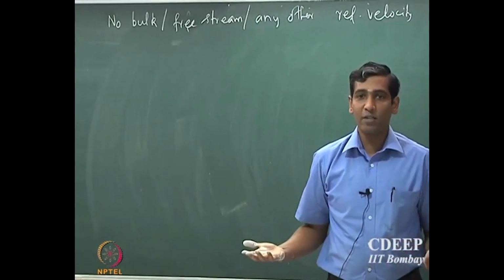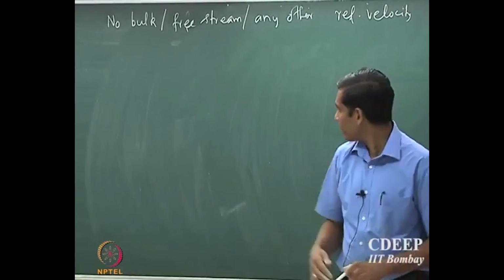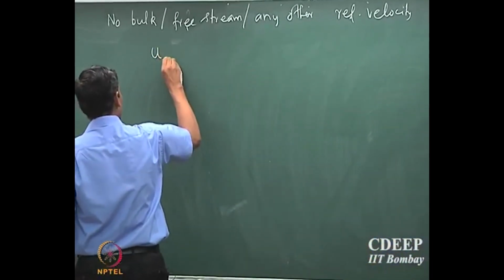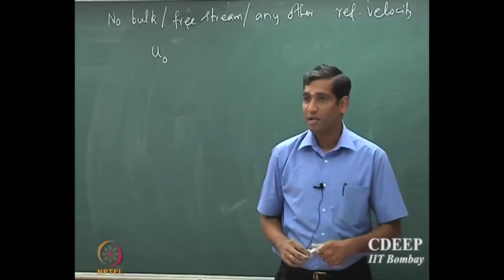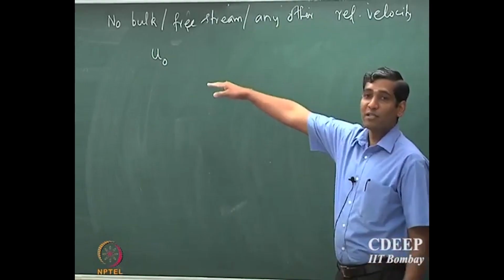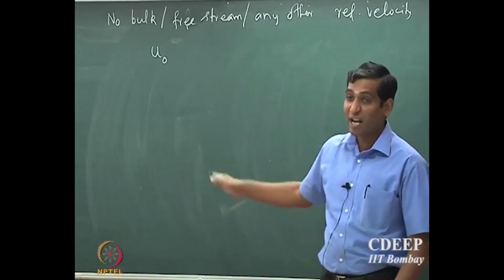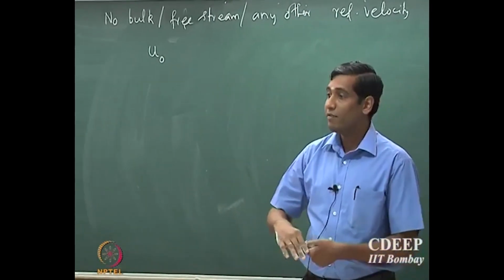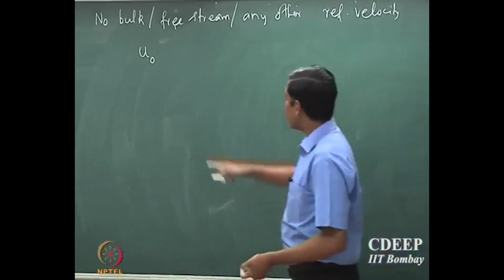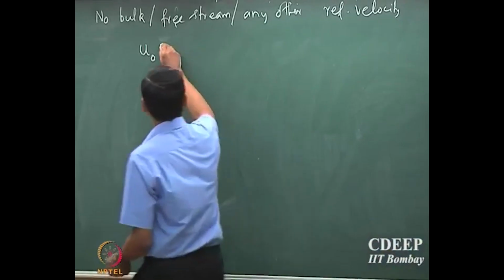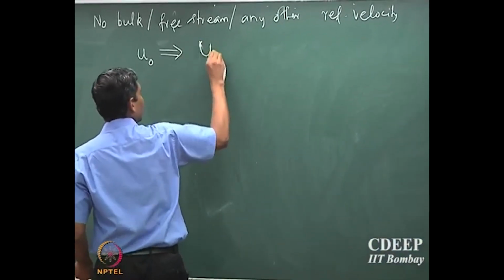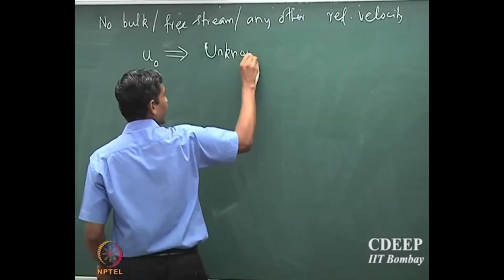We don't know any velocities inside the boundary layer. So what we are going to do is, we are going to assume that there is some reference velocity. We are going to show later that we will not be using this reference velocity for any of the calculation purposes, in fact to even define any of the domains. So it's an unknown reference velocity.